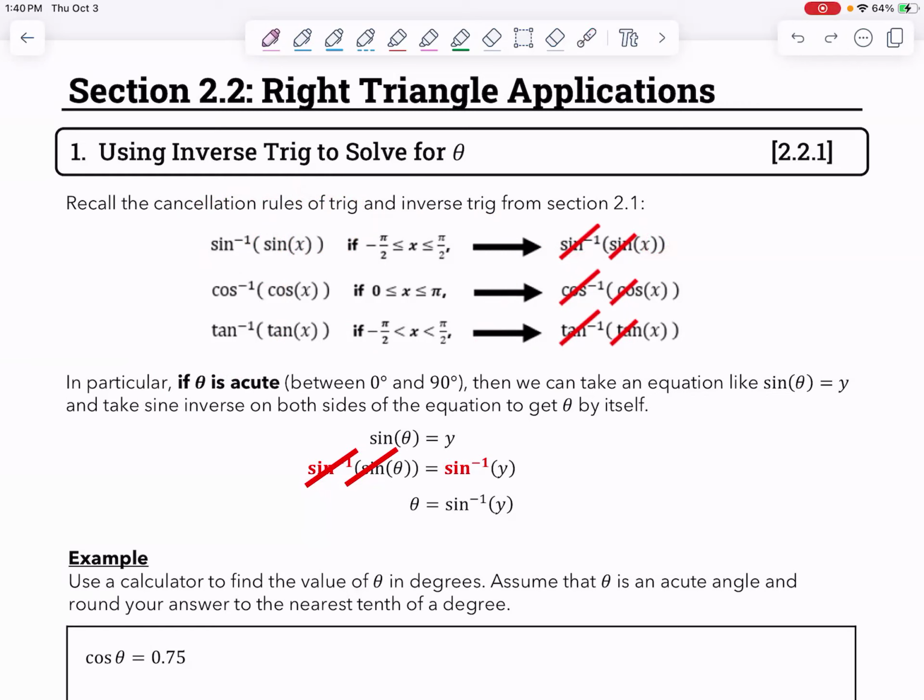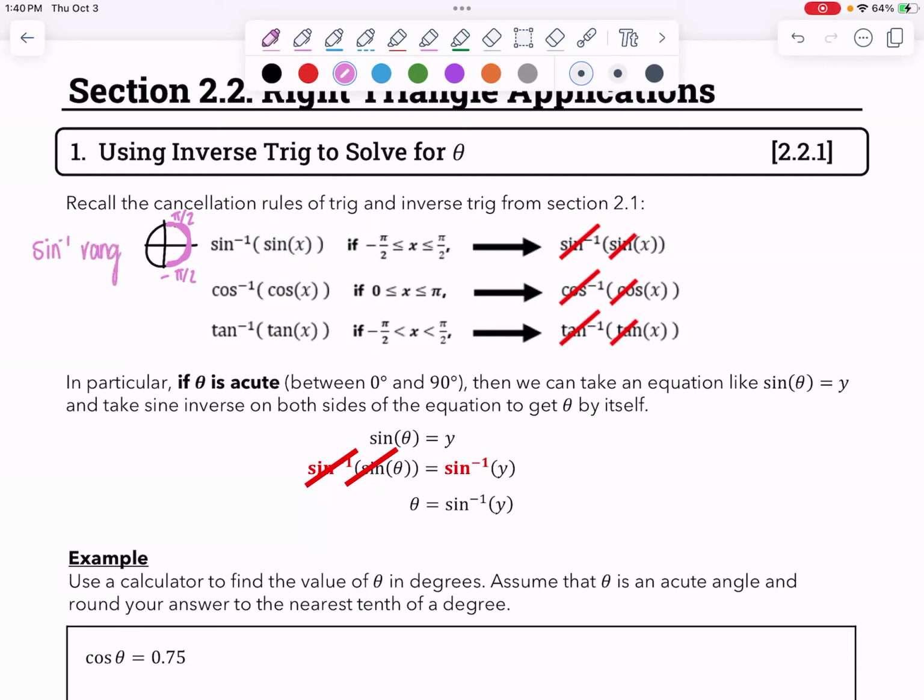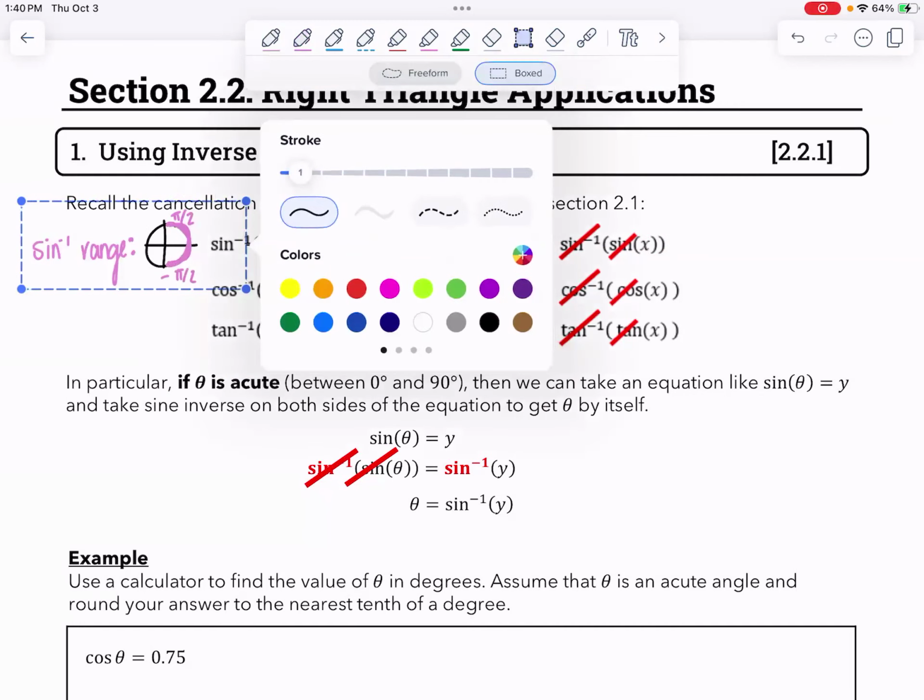And as reference, for sine inverse, the range was negative pi over 2 to pi over 2. That was the same thing as tangent, but tangent doesn't include the endpoints.